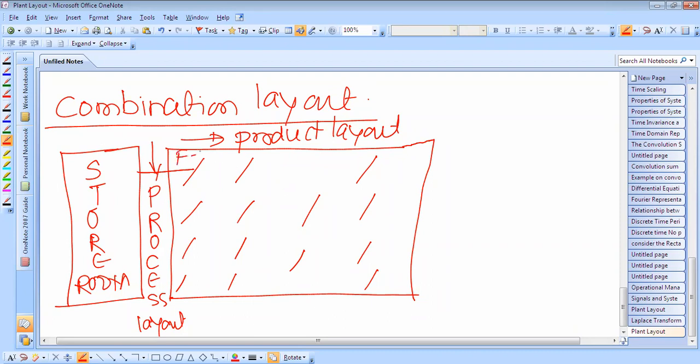This is F1. This is H1 and this is GF1. So this is 2, this is 3, 4. And this is HT1.